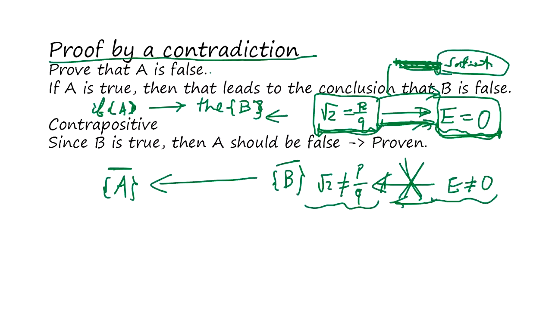Sorry, sufficient condition to say, then this way should be correct. So we can deny this claim. Okay, that's the proof by contradiction. So when you prove this, this has to be a sufficient condition to claim this, right?